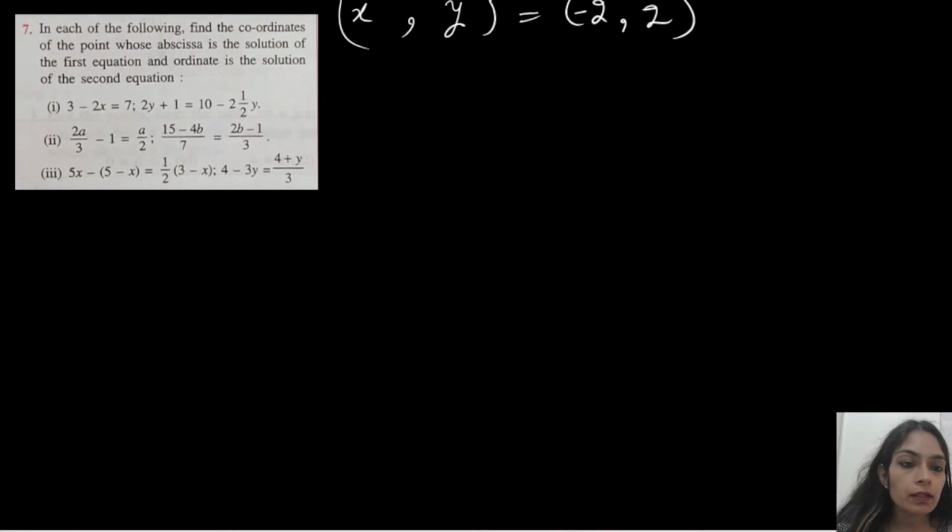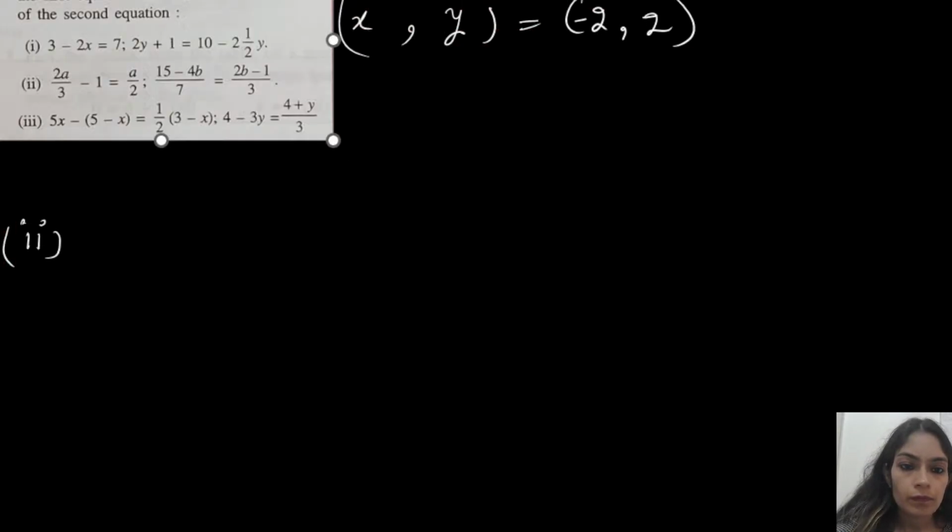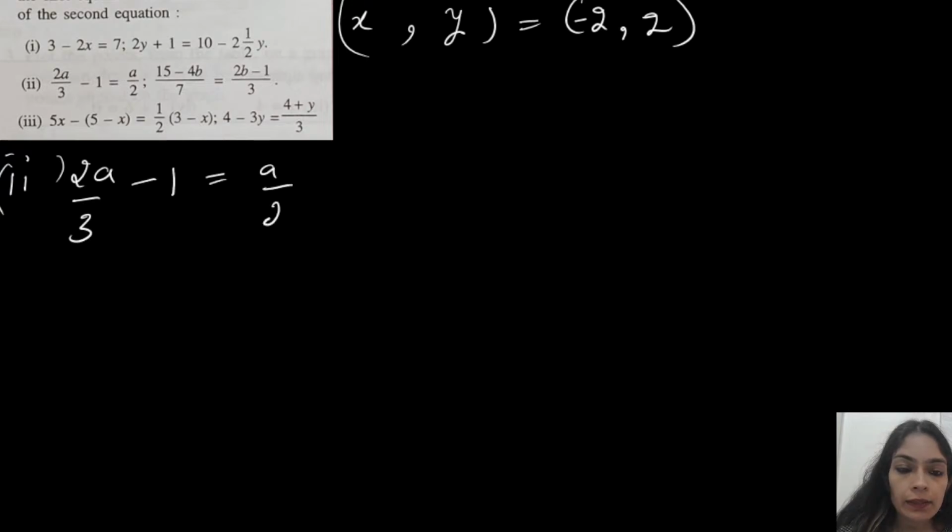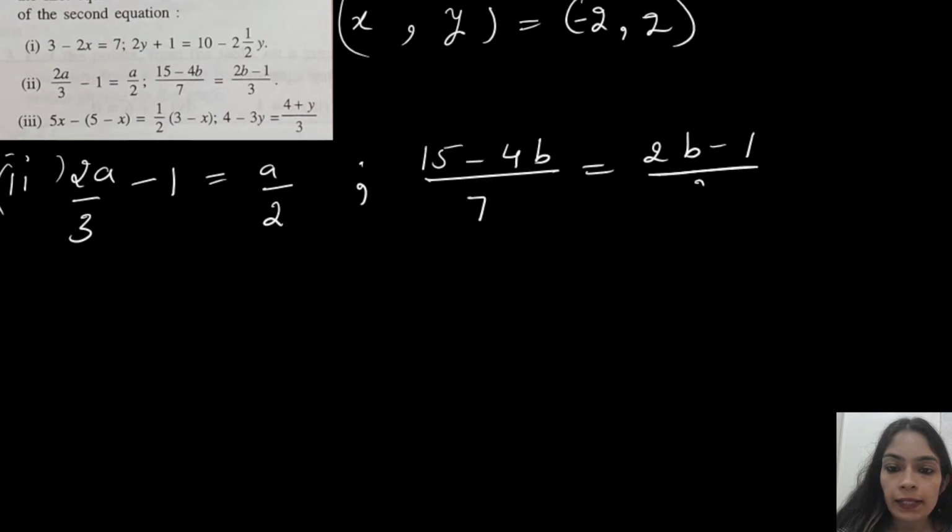Okay, so second one. The second equation I'm going to write now. It is 2a by 3 minus 1 is equal to a by 2, and the second equation is (15 minus 4b) by 7 is equal to (2b minus 1) by 3.